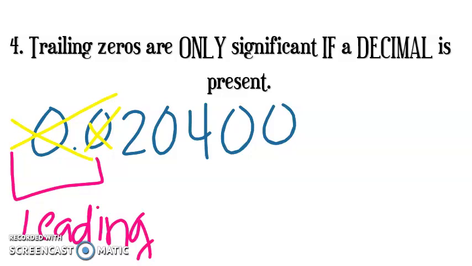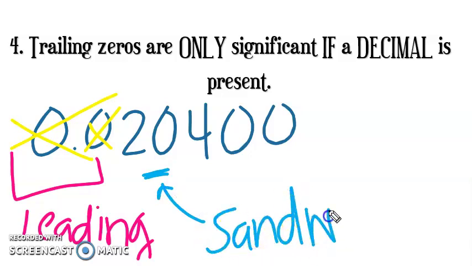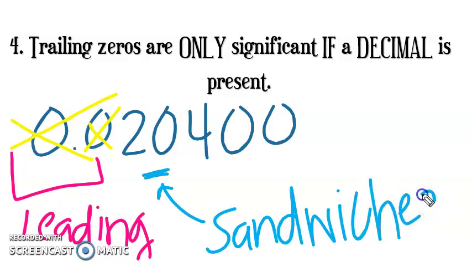Okay. This little guy right here, he is sandwiched, and sandwiched zeros are significant. And we have these little guys down here. These are trailing.